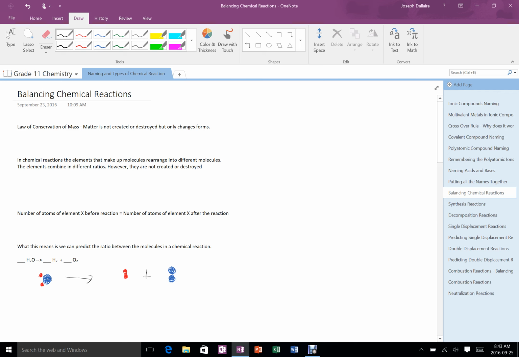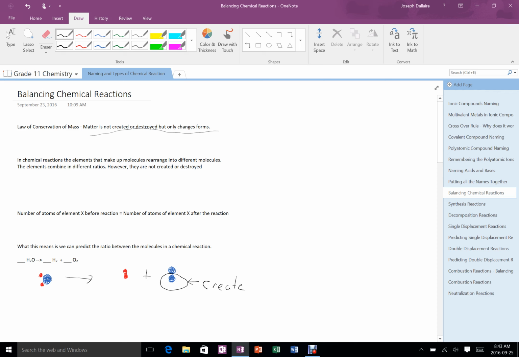The problem is, if we look at this carefully, what we're going to see is that there's an oxygen atom here that's appeared out of nothing. See, over here we had two hydrogens and one oxygen, and over here we have two oxygens. Where did the second oxygen come from? So if we say matter cannot be created or destroyed but only change forms, we can't just create this oxygen atom out of nothing.